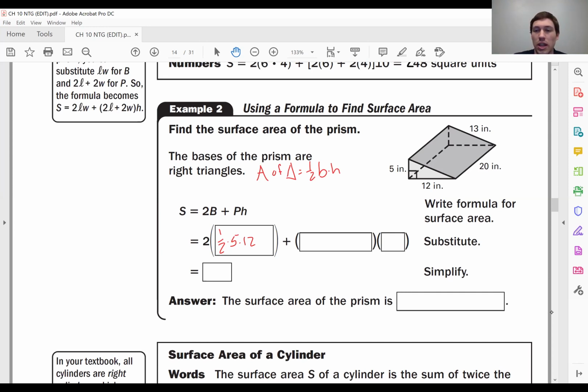So plus the perimeter, which is 5 plus 12 plus 13. 5, 12, and that's 13.